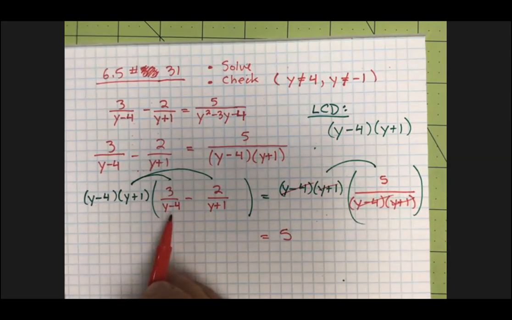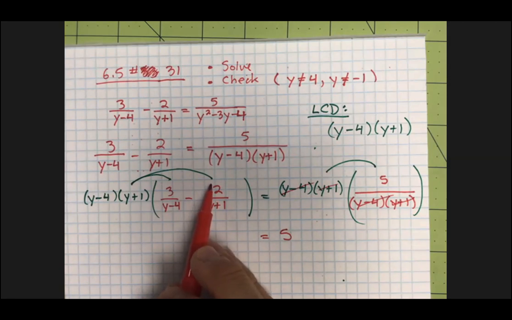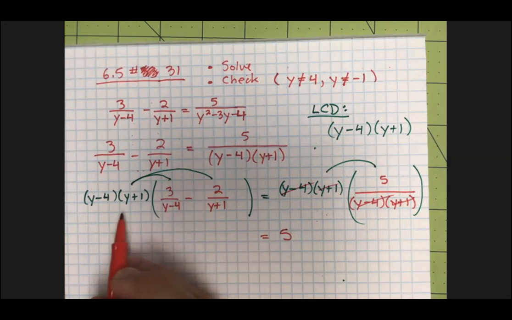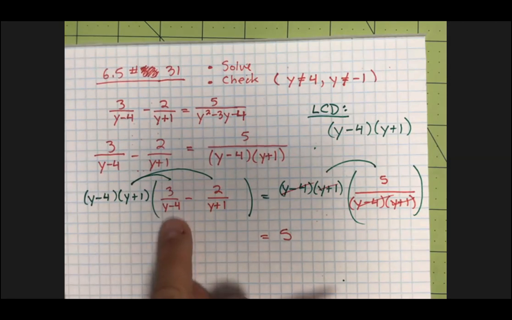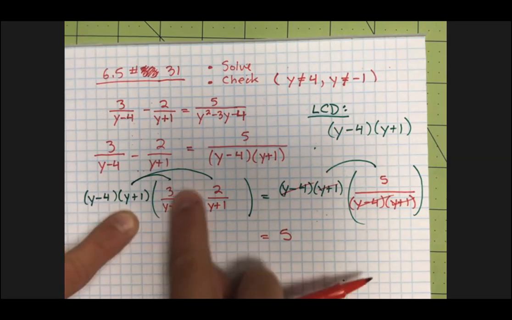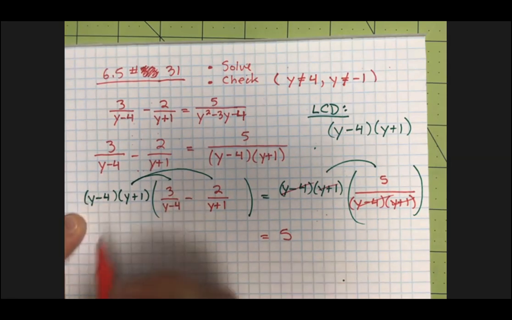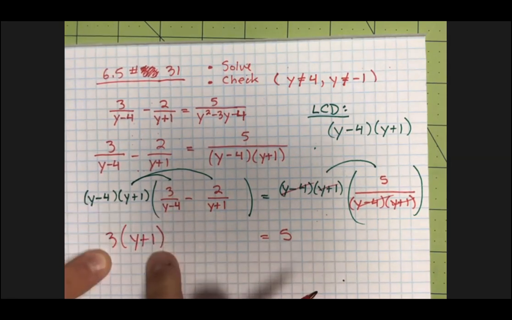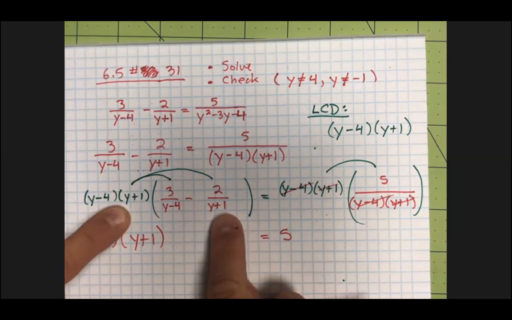Here, don't cross things out as you go because you have to do 2 jobs. But think about it like this. The first time I multiply, I'm going to kill the y minus 4s. They're gone. And I'm left with 3 times y plus 1. Don't forget the parentheses. Second time I multiply, I'm going to kill the y plus 1s.